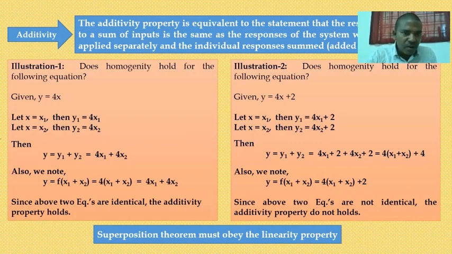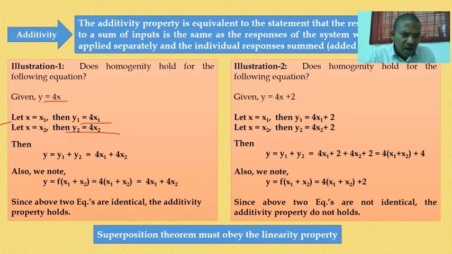So y is equal to 4x. This is the equation I have taken. Now x is equal to x1, then y1 is equal to 4 into x1. And similarly, x is equal to x2, y2 is equal to 4 times x2.